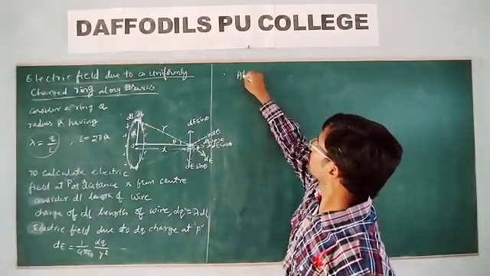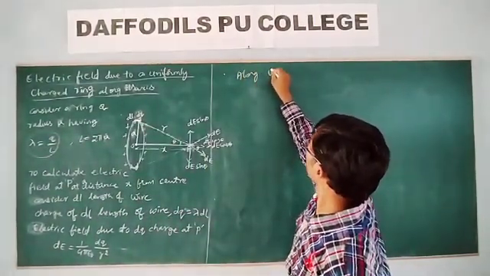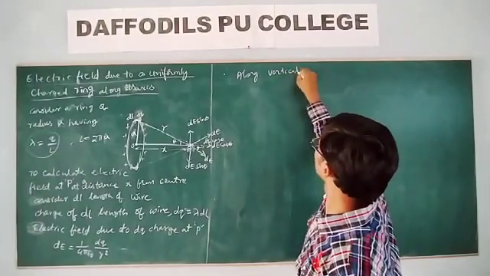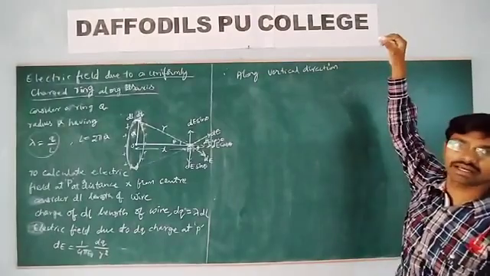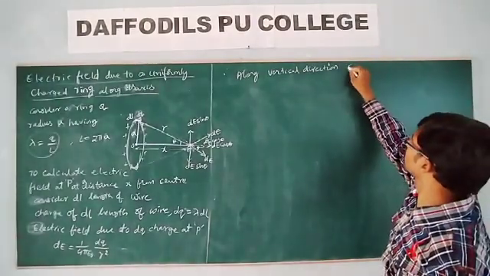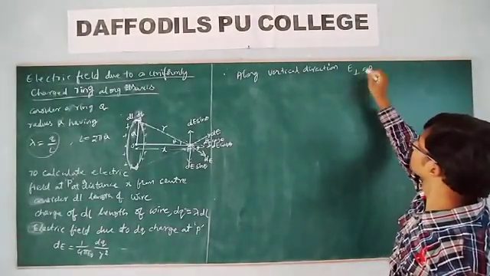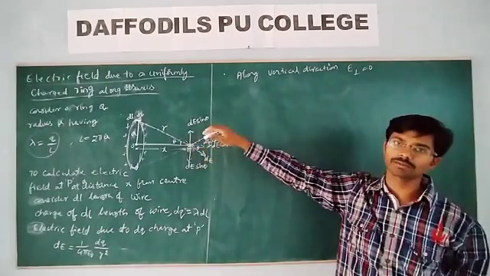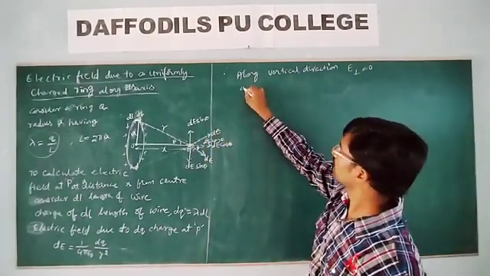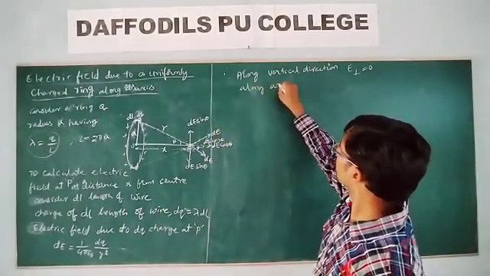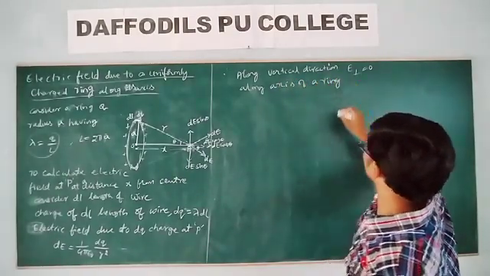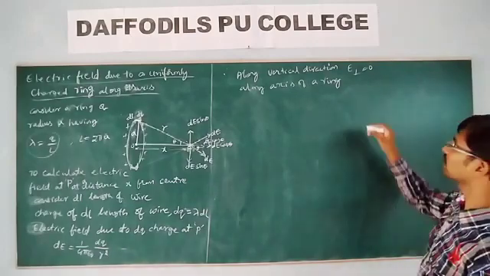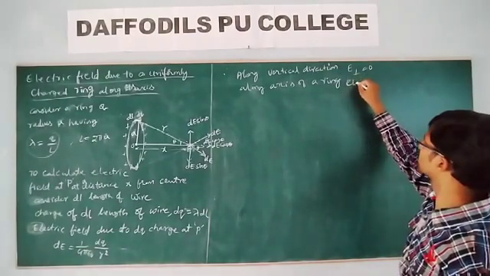Along the vertical direction, the electric field is 0 because both are equal and opposite. Therefore, along the axis of the ring, the electric fields can be added.